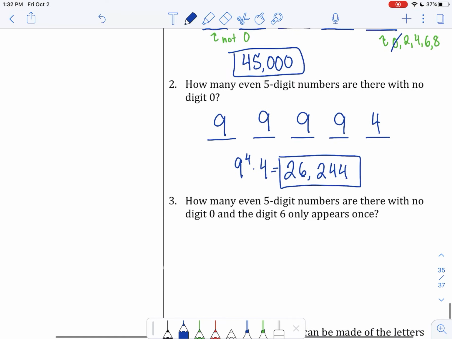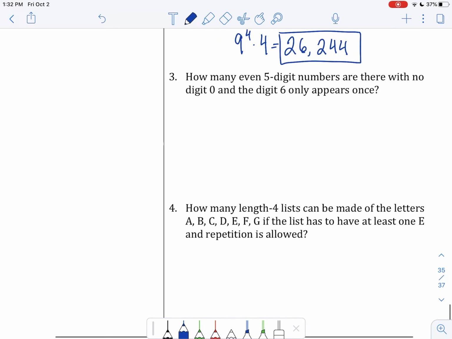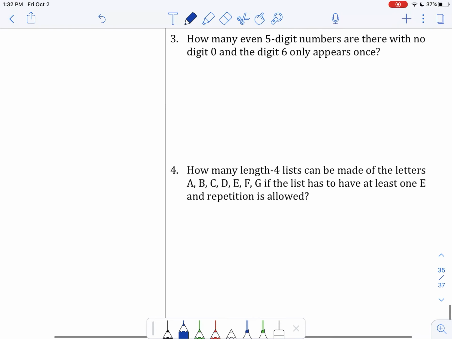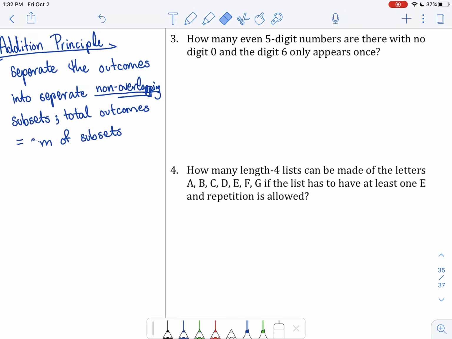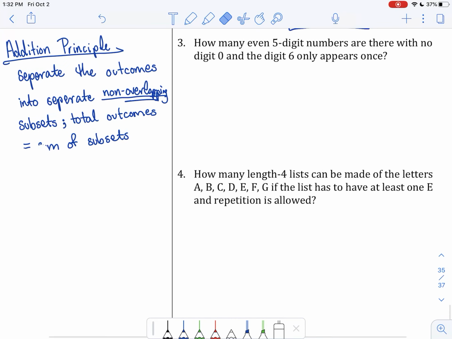Now here's where we're going to maybe want to start using some of our other principles. So 3 asks, how many 5-digit numbers are there with no 0, and the digit 6 only appears once? So we're going to use the addition principle for this one. And what the addition principle states is that we can separate the outcomes into non-overlapping subsets.